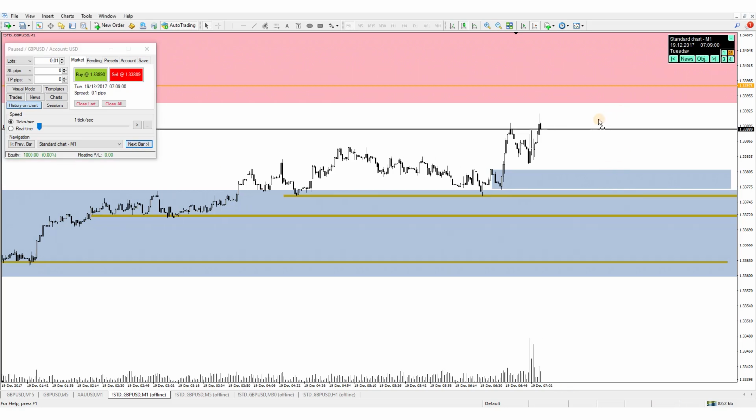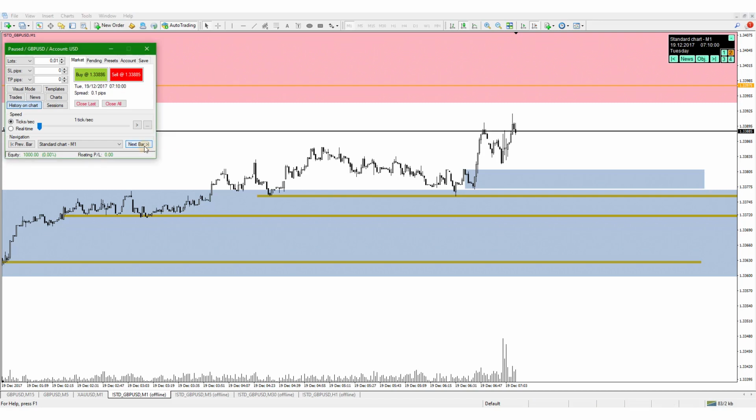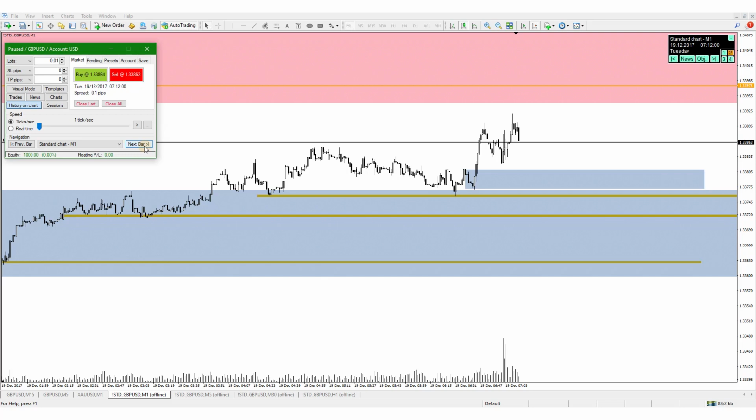And now price is going as planned to the supply. Let's see if any compression or equal highs will be created to look for liquidity. Now is anything clean? I just want to see the price on the higher zone.